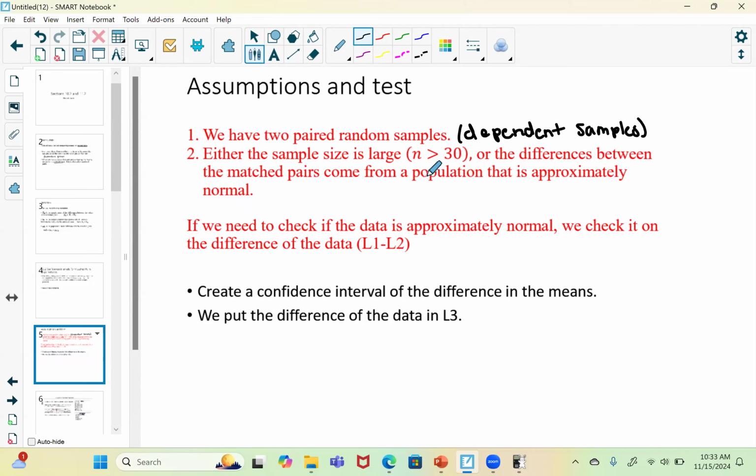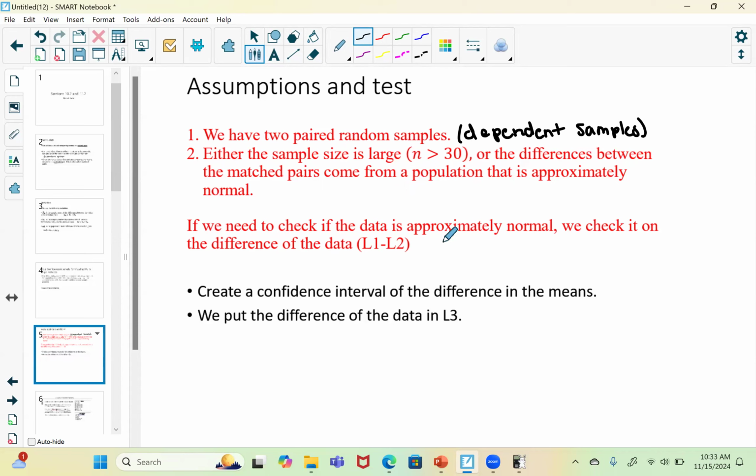And then the sample size is large, so N has to be greater than 30. For this, the samples will always be the same size because they're paired, so N1 and N2 will both be greater than 30. If not, the differences between the matched pairs from a population has to be approximately normal.